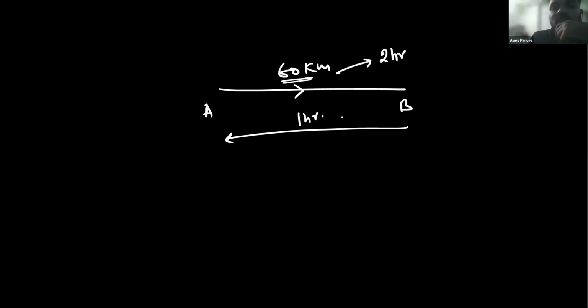If I ask you what is the average speed of that person? Average speed is equal to total distance upon total time.